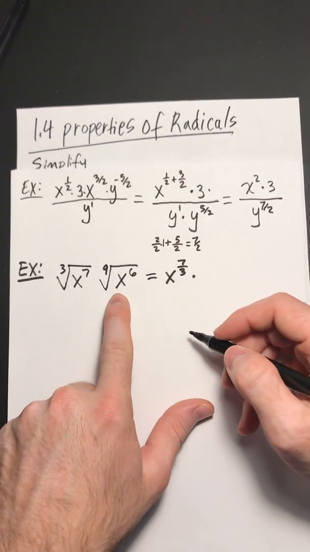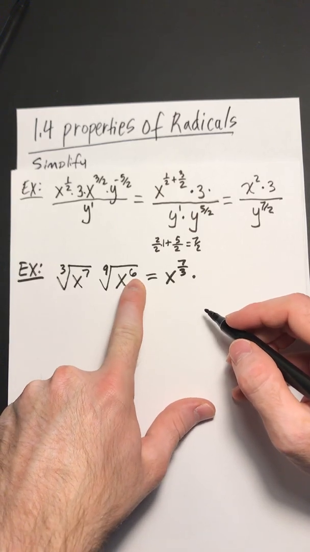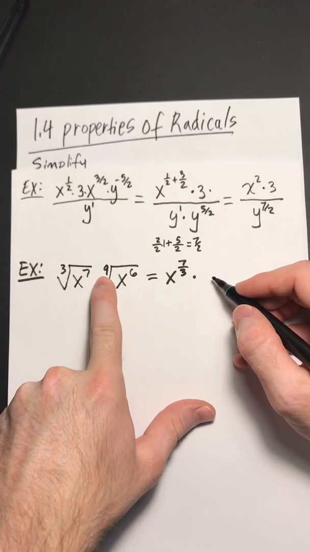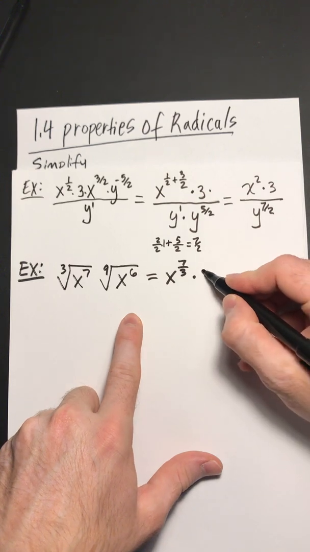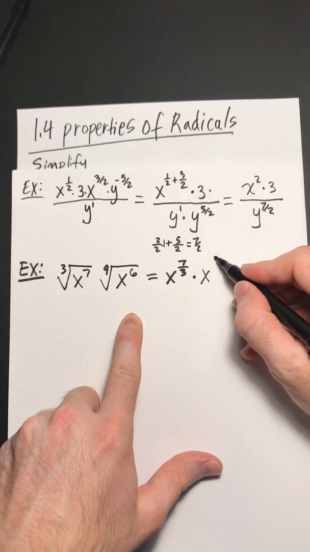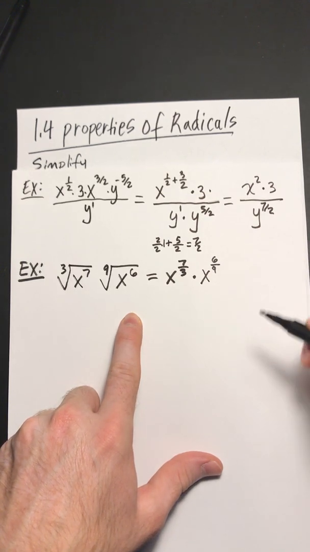Same here. Who's inside? The 6 is inside. So the rider goes in the house and the horsey goes out. So this is x to the 6 over 9.